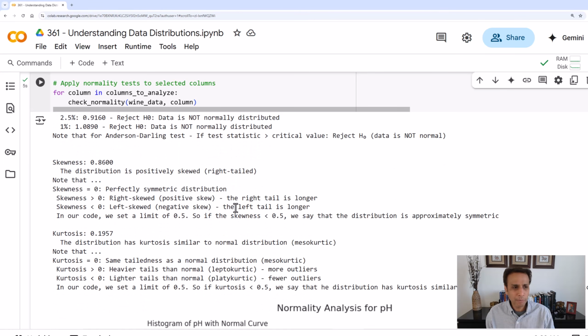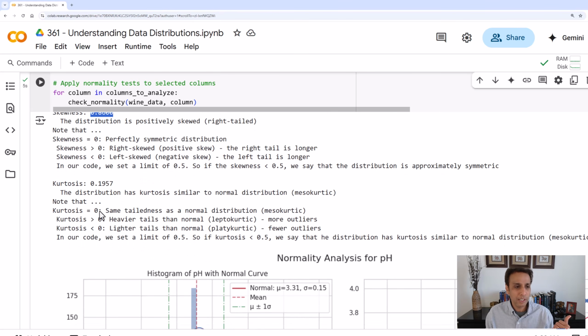And similarly, skewness and kurtosis, I want to remind you, you can infer something from the value itself, right? If the value of skewness equals 0, that means it's a perfectly symmetric distribution. If it's greater than 0, it's right skewed, which is what we have in our case. If it's less than 0, left skewed.